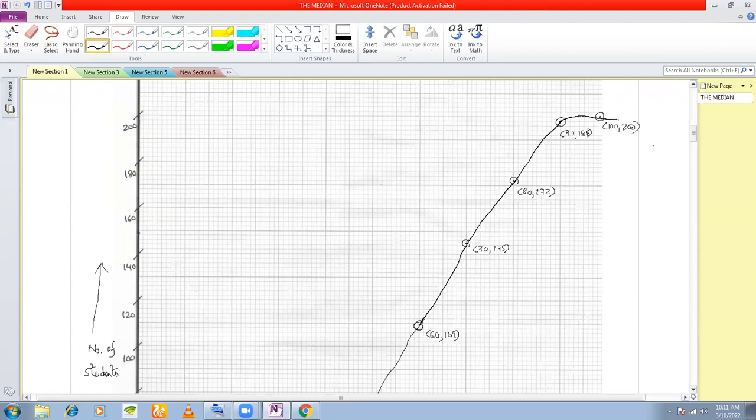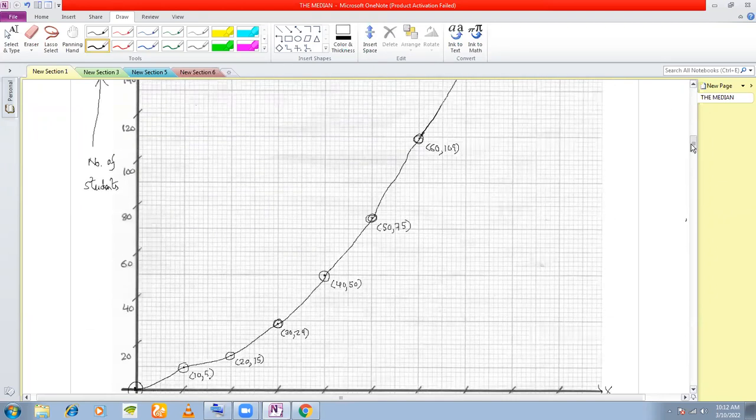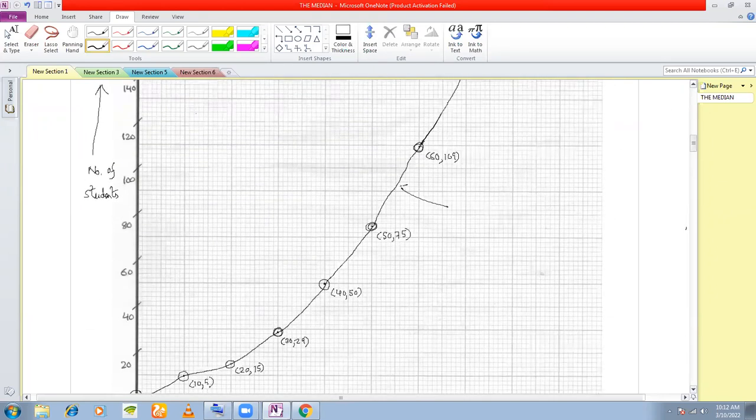Lift your pencil above the plane of the paper and try imagining joining the points first, get an idea, and then put your pencil and start joining the points. Take a rough idea where you are going to take your pencil through before joining. Once you get this type of curve, it is called an ogive. This curve is called an ogive. It is a curve.